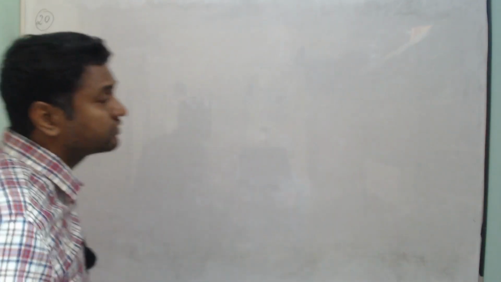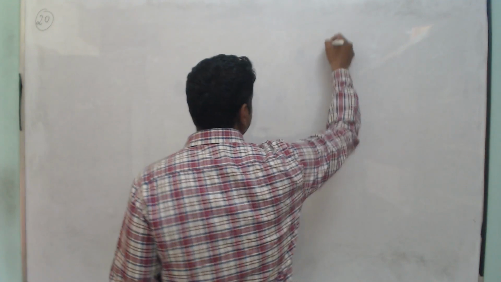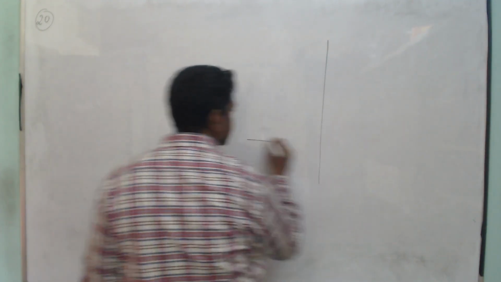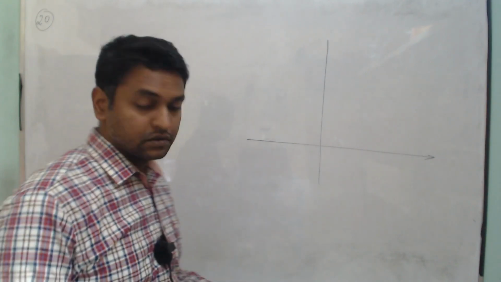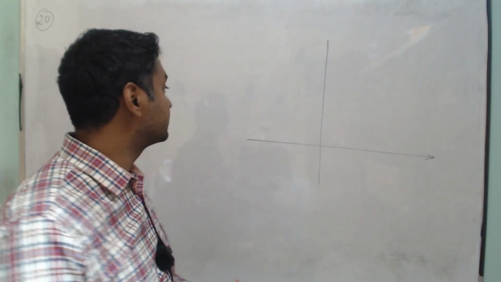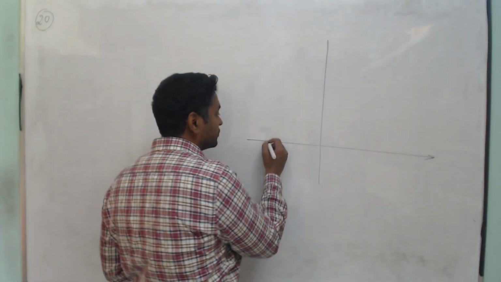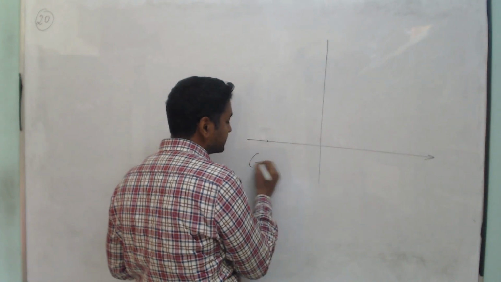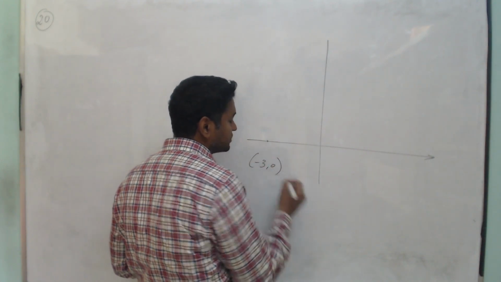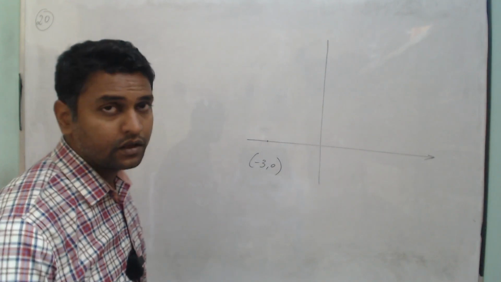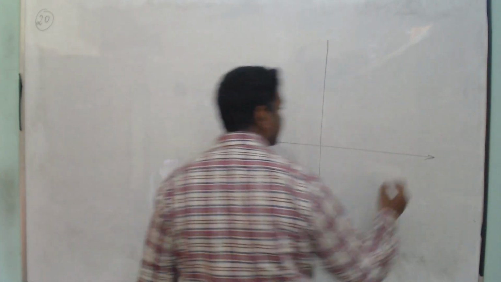20th question, I am giving you a similar question. I am changing the coordinates and the charges also. So let's take the coordinates as minus 3 comma 0 and 7 comma 0.